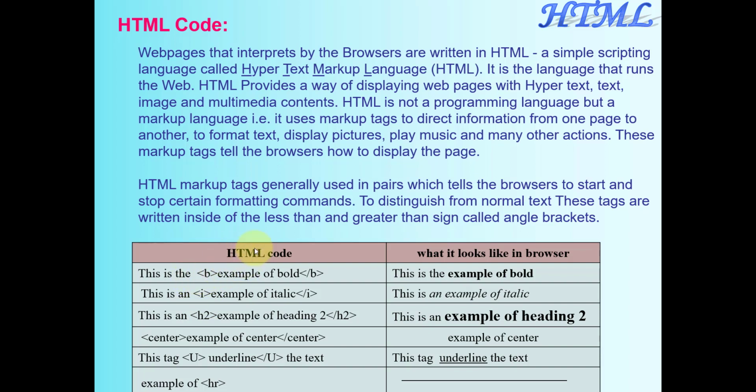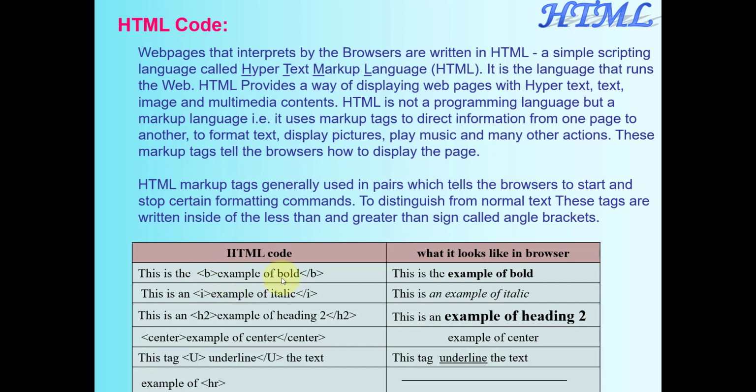For example, this is HTML code, and this is what it looks like in the browser if I am using the B tag. So what happens to this text? Understood? For example, I am writing this is the bold tag, an example of the bold tag, enclosed within the bold tag.